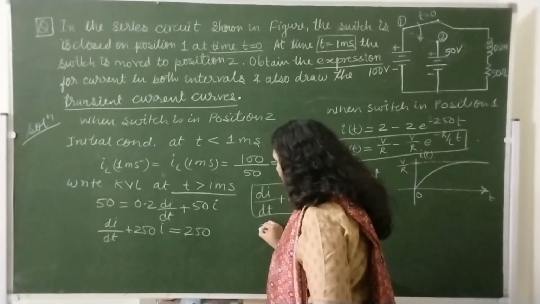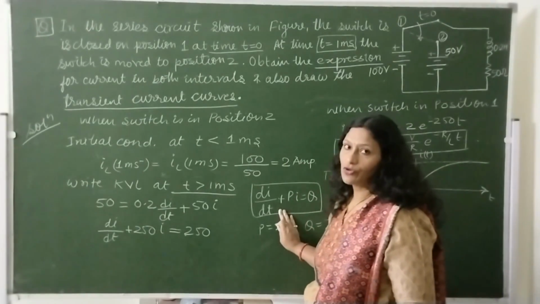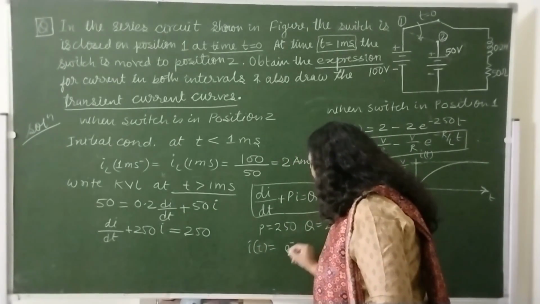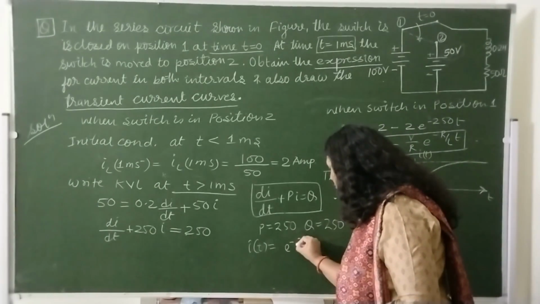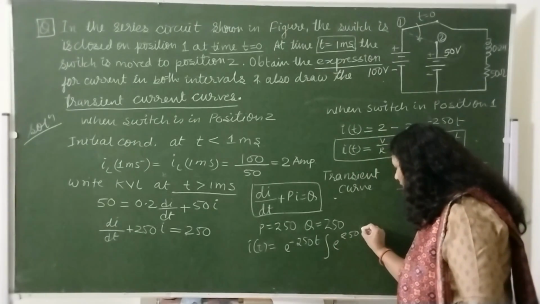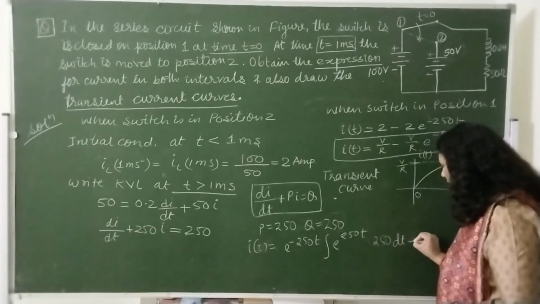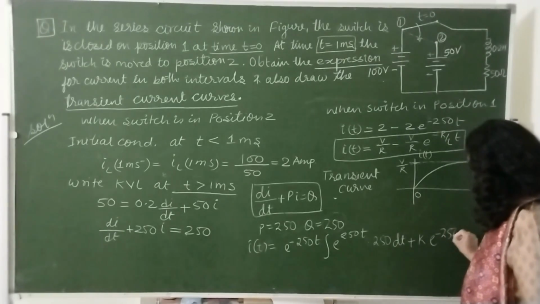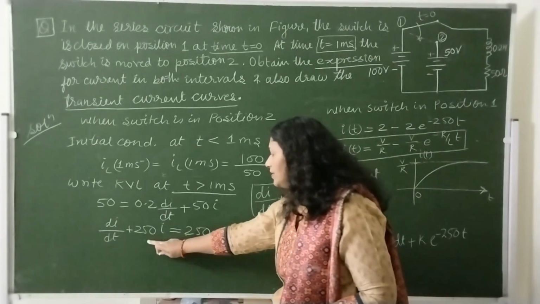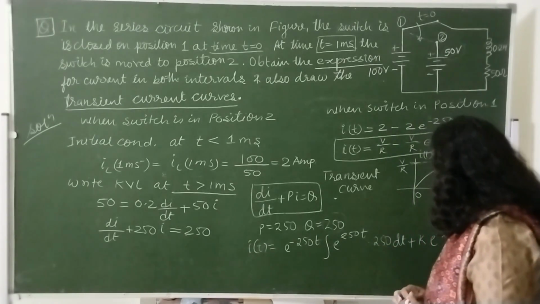Here p is equal to 250 and q is also equal to 250, and we know the solution of this differential equation: i is equal to e to the power minus pt, times the integration of e to the power plus pt multiplied by q dt, plus k e to the power minus pt. Here p is 250 and q is 250, so we substitute those values.